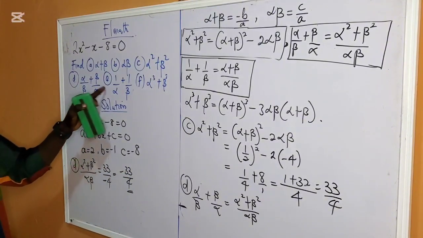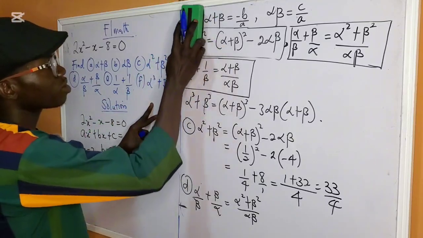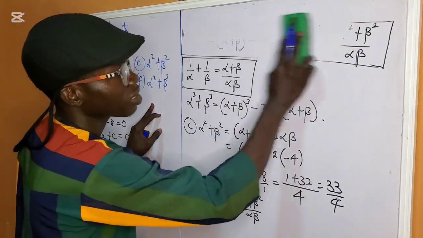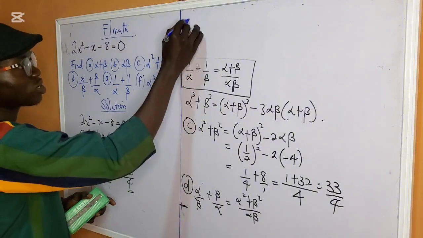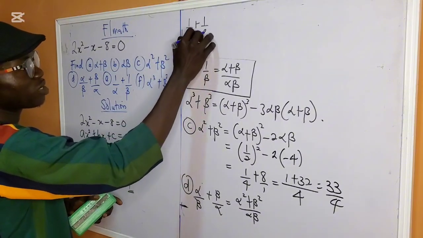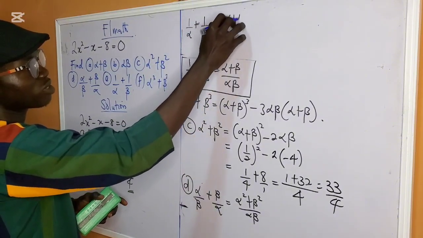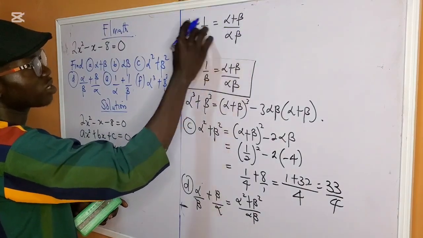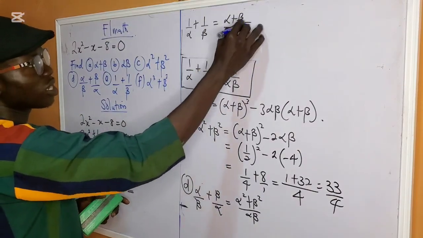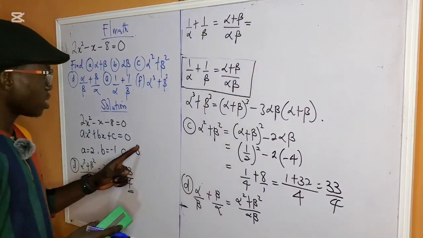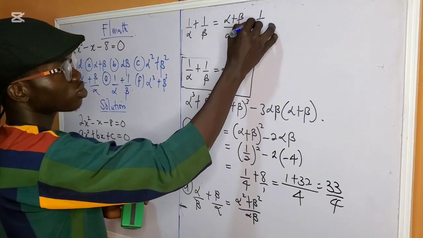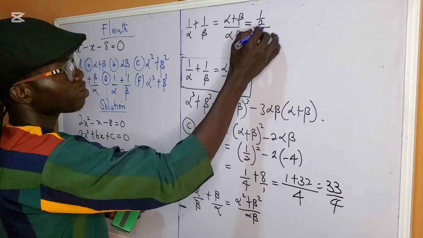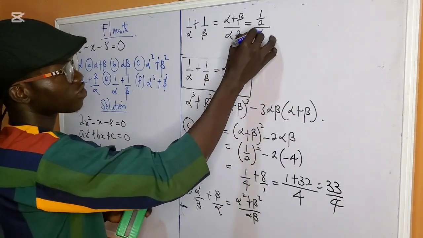So the next one is E, 1 over alpha plus 1 over beta. The formula to use is 1 over alpha plus 1 over beta, which is alpha plus beta over alpha beta. So the answer to this, alpha plus beta is 1 over 2 divided by alpha beta, that's -4.